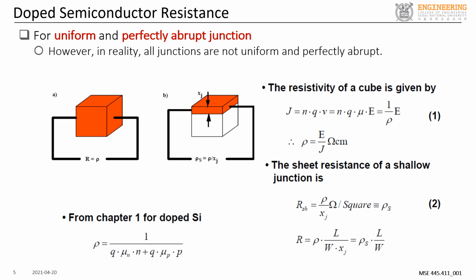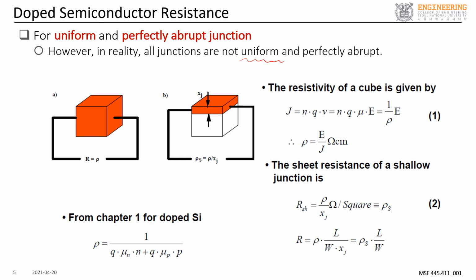Now we know that the junction profile is very important. So how do we measure the junction profile? This is one way to estimate the junction profile, especially if it's uniform and perfectly abrupt. In reality, most junctions are not uniform.